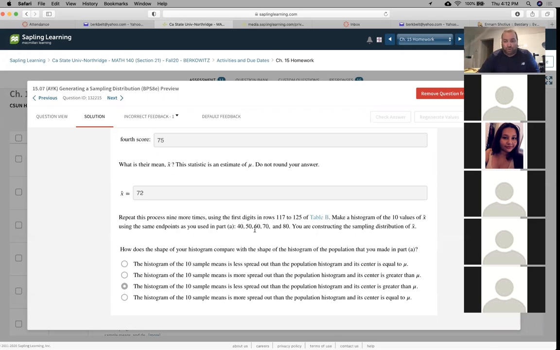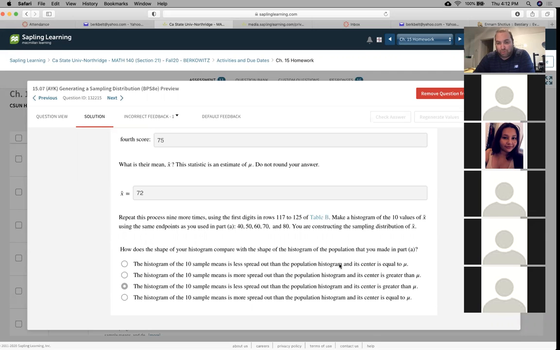And what you should see is that the sampling distribution is tighter, because as the sample size goes up, we know that the width goes down. So without even doing it, the histogram of the 10 sample means is less spread out than the population histogram, and its center is greater than mu.